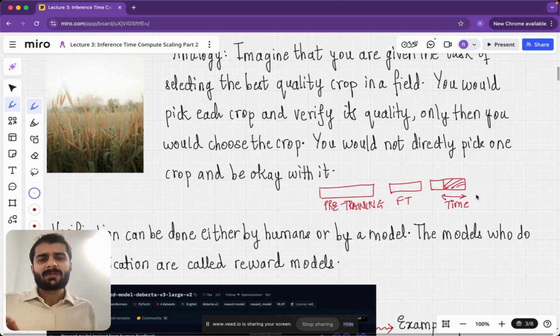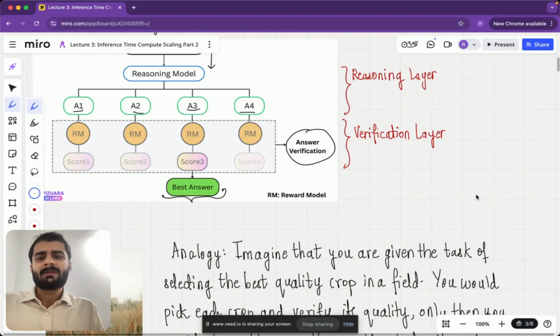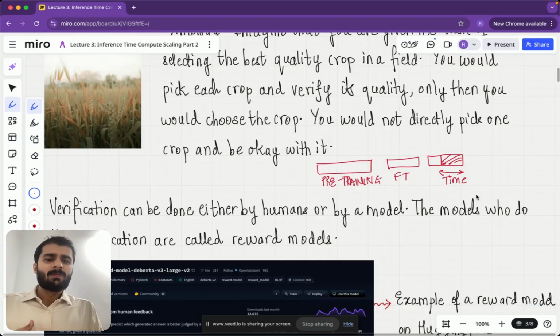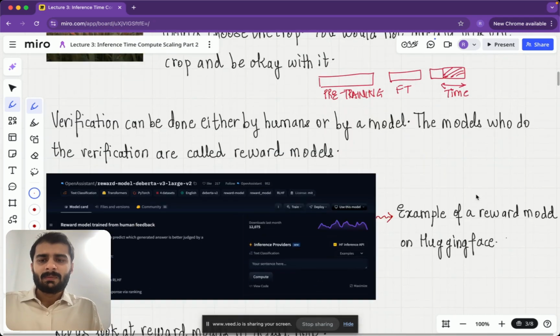Now, this verification layer that we looked at, it can either be done by humans or it can be done by a model. The models who do this verification are called reward models. Why don't you go to Hugging Face and type this reward model? It's called reward model Deberta V3 large V2.